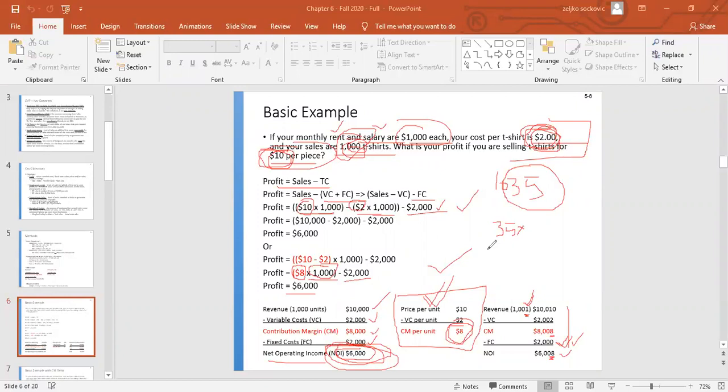What about if I add another unit? Well, whatever unit you add, because this is constant here, each unit will just get $8 in contribution margin.